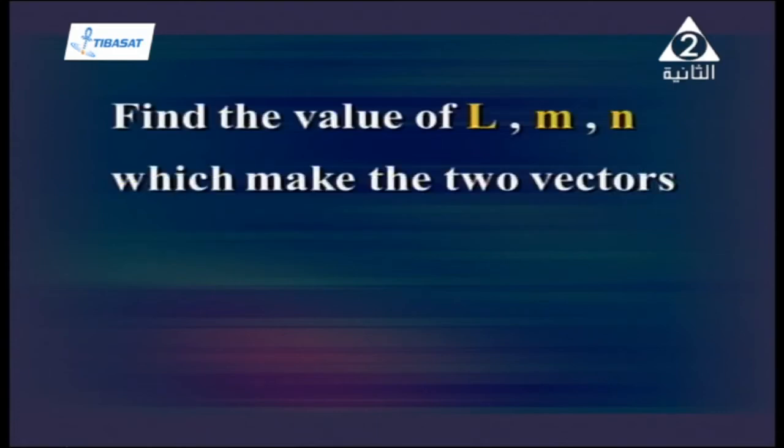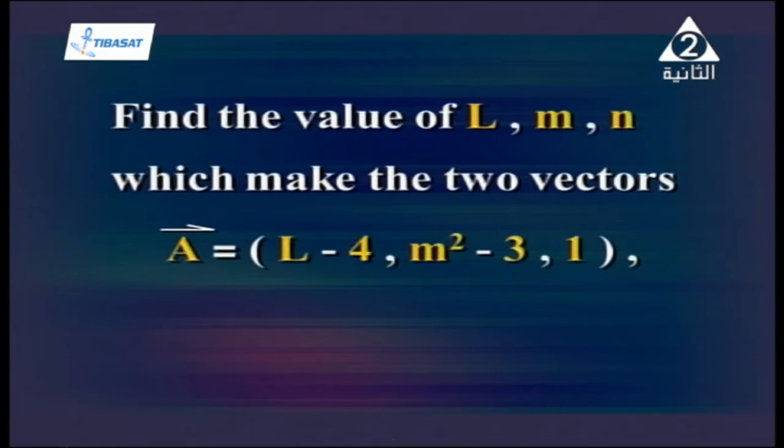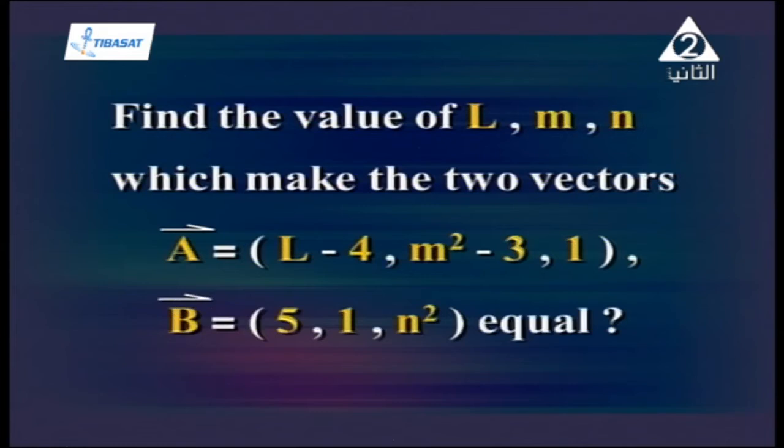Find the values of L, M, N which make the two vectors equal: a vector (L minus 4, M cubed minus M squared minus 3, 1) and B vector (5, 1, N squared).